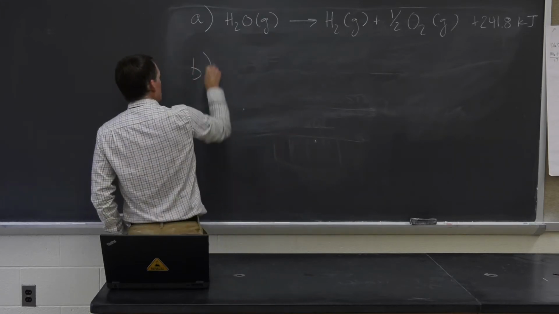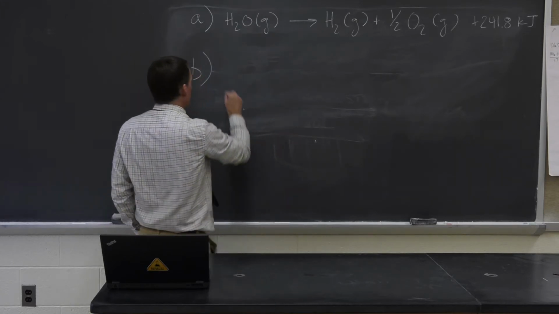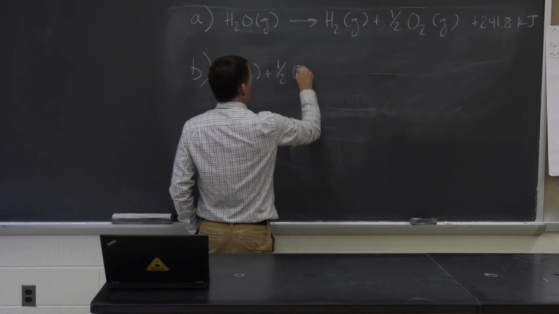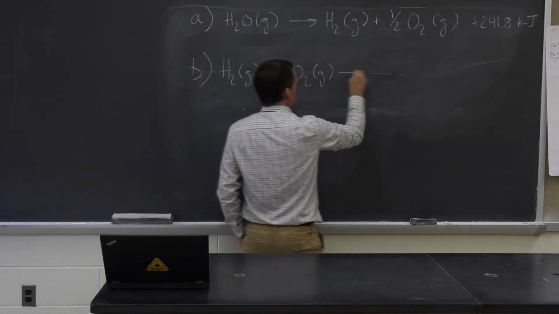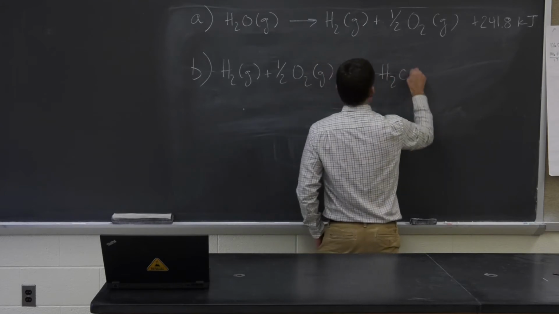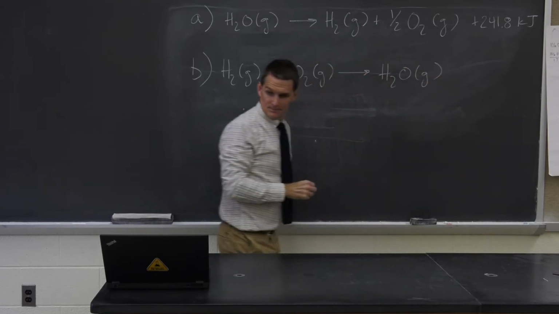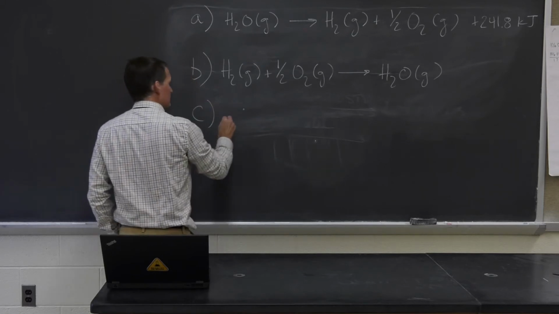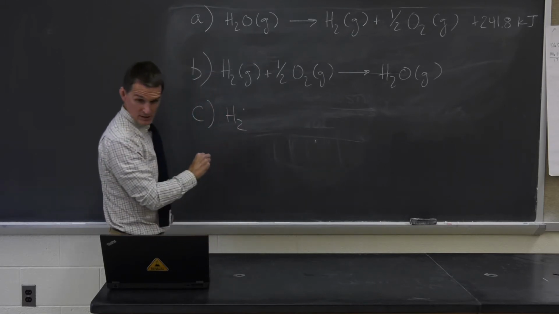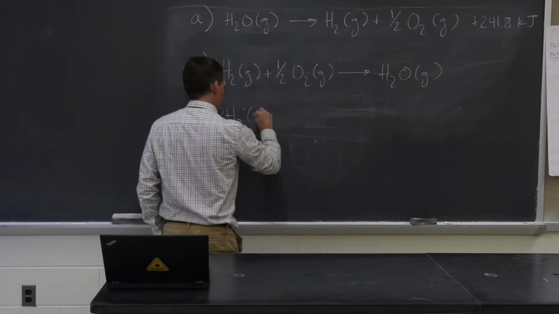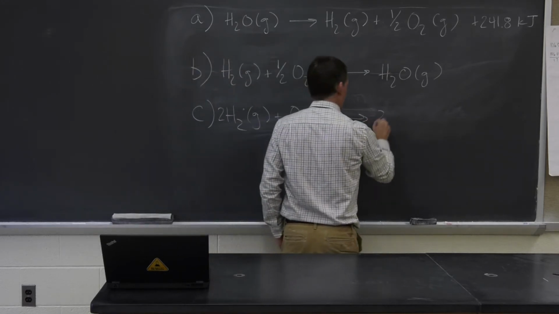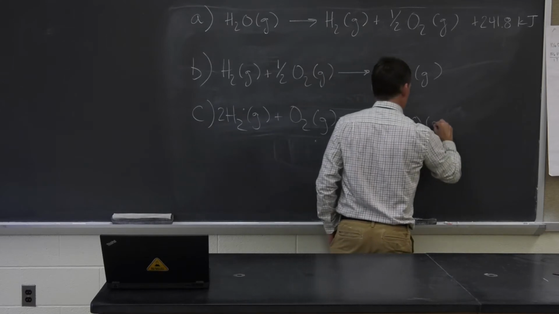Okay, B, we have H2 gas plus half O2 gas goes to H2O gas. And then we have C, 2H2 gas plus 1 mole of O2 gas going to 2 moles of H2O gas.